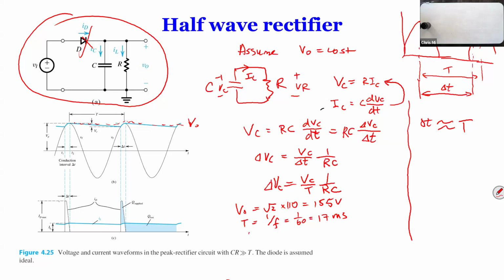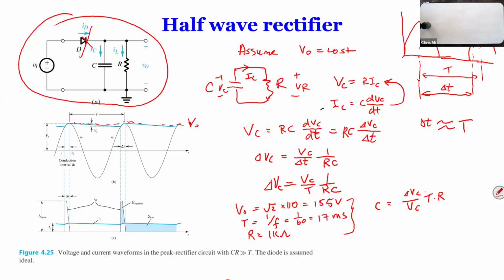But if you have a load resistance, let's say 1 kilo ohm for a typical electronics load, now you can plug in all these numbers to get your C. So your C is going to be delta VC over VC times T times R. That gives you your requirement of C.